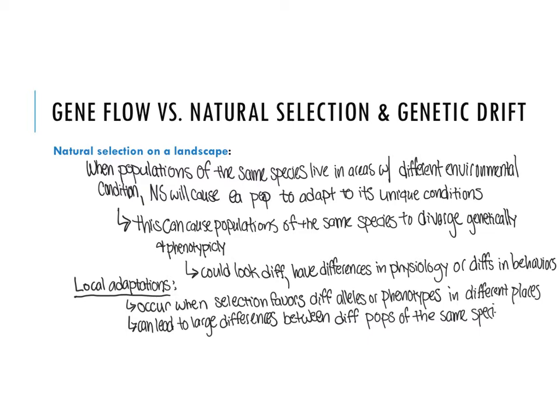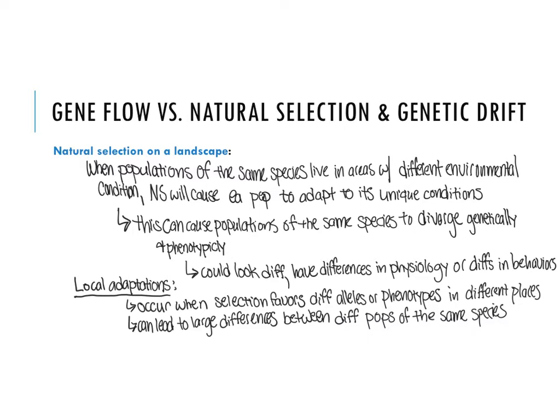It can also cause a species to speciate and become two different species. That has been known to happen. Okay, so local adaptations, they occur in specific circumstances and they make two different populations different from each other based on the specifics of the environment that they're in.